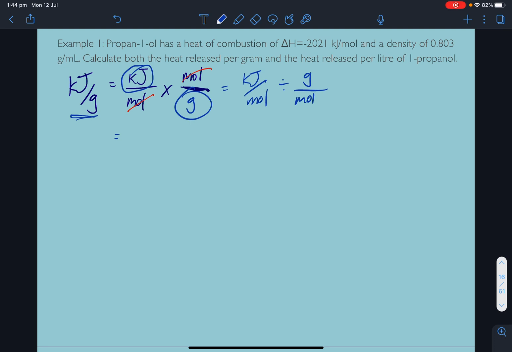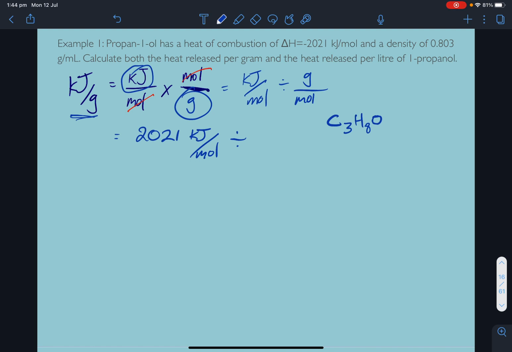So it's 2021 kilojoules per mole, and we're going to divide by the molar mass. What are we talking about? We're talking about propan-1-ol. It's based on propane: meth, eth, prop, so 3 carbons. To be a saturated alkane, it's going to need 2n plus 2 hydrogens. 2n is 6, plus 2 is 8, and we're going to have an oxygen in there too.